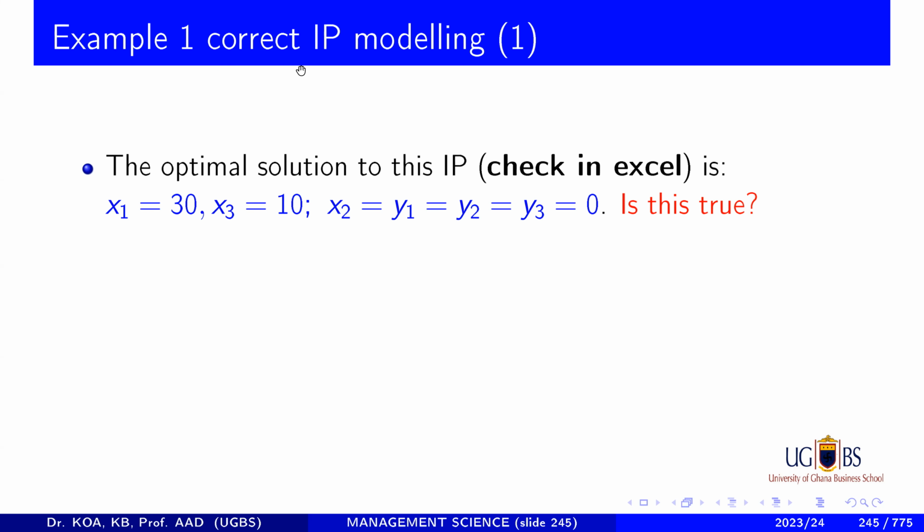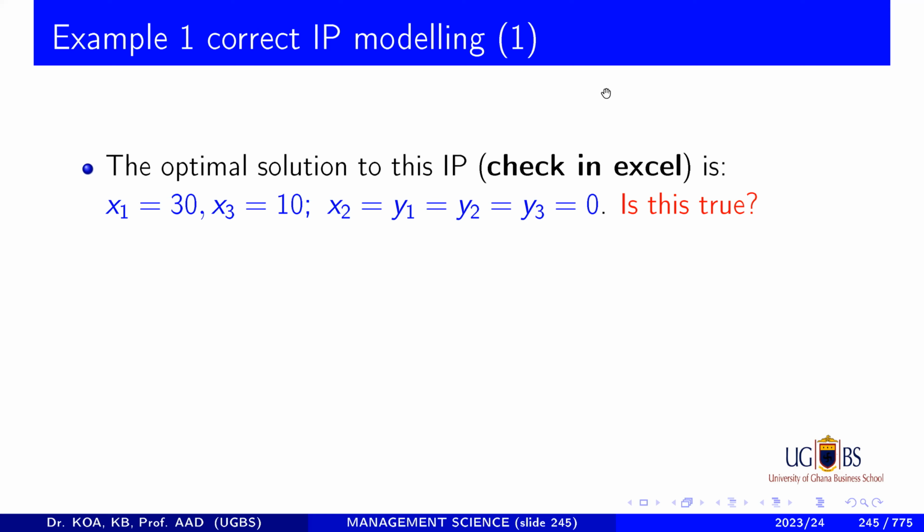The problem here is x2 is the same as y1, y2, and y3, which is 0. Okay, and that's a problem. Yes, sir. Okay. What you should have done was to tell us why that's a problem.